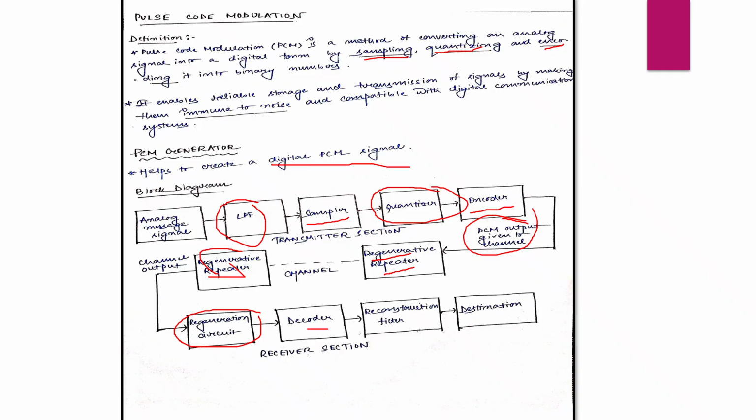Then we use a reconstruction filter that smooths the signal to get back the original analog waveform, which is finally delivered to the destination. So we can say in short that PCM converts an analog signal into a digital form for transmission, then back to analog at the receiver, ensuring high quality and noise resistance.